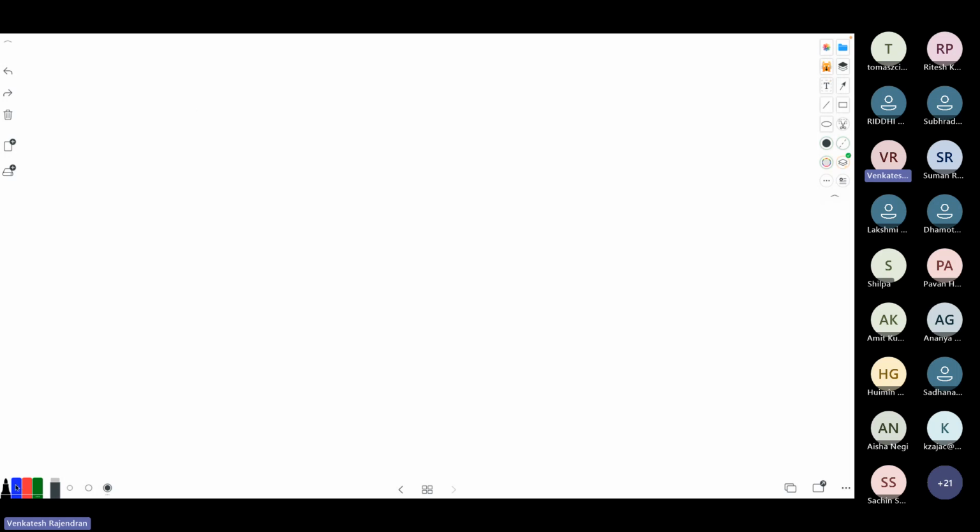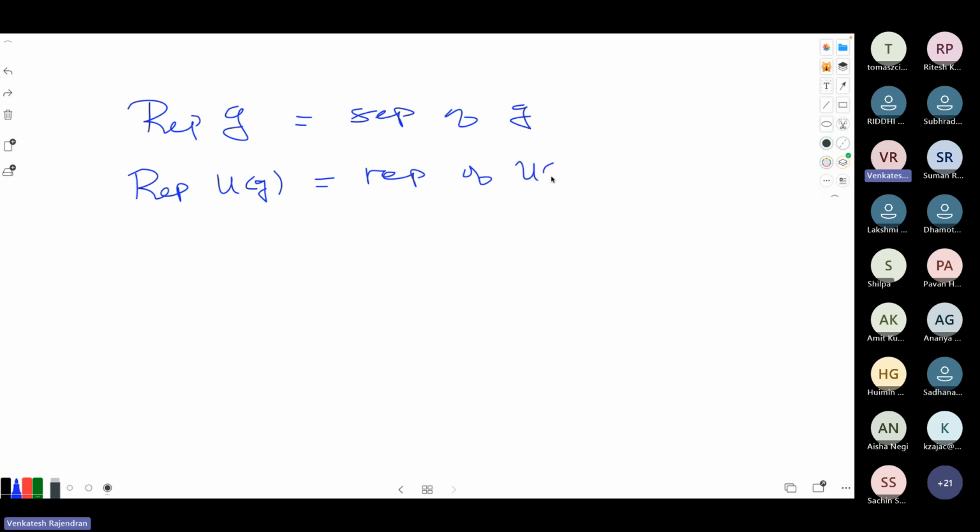So let's say we have this space of representations of G, and then similarly, you have representations of UG. Now there is a natural one-to-one correspondence between these two. From representations of G to representations of UG, you can define a natural one-to-one correspondence.